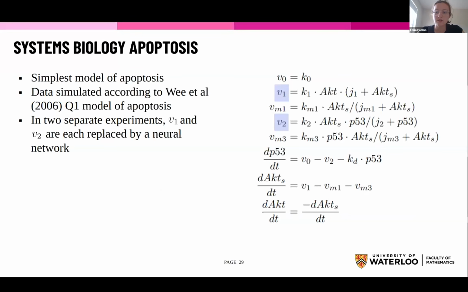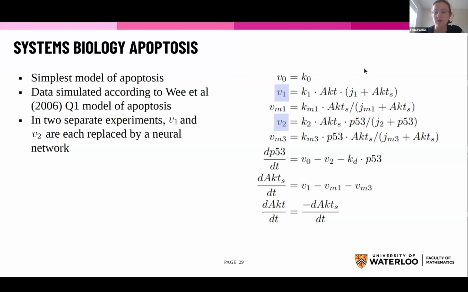The next application that we tested is the apoptosis equation that you saw earlier in the introduction. So this is the simplest model of apoptosis from that paper, and we simulated the data according to that model. And in two separate experiments, we replaced V1 here in blue and V2 with a neural network.